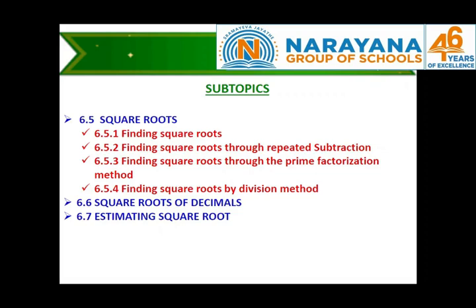Second one is finding square roots through a repeated subtraction method. Third one, finding square roots through the prime factorization method. The fourth one, finding square roots by division method. 6.6 Square roots of decimals, and the last one, 6.7 Estimating square root.